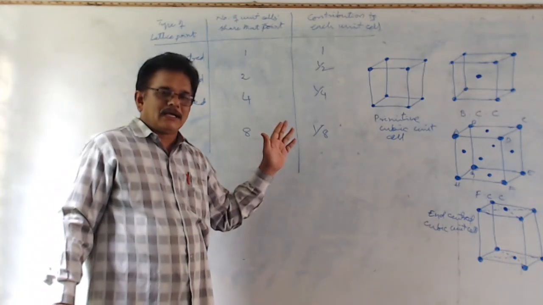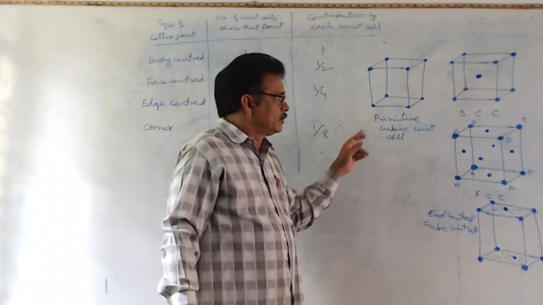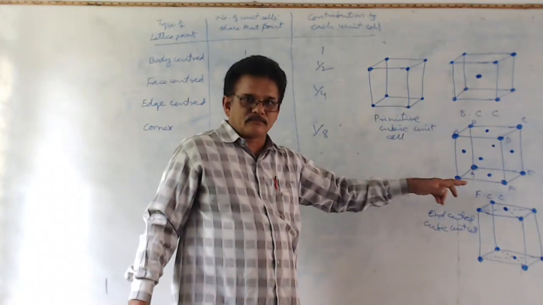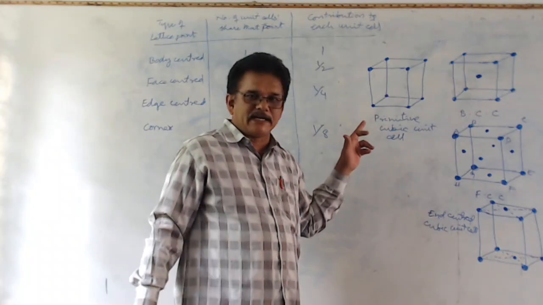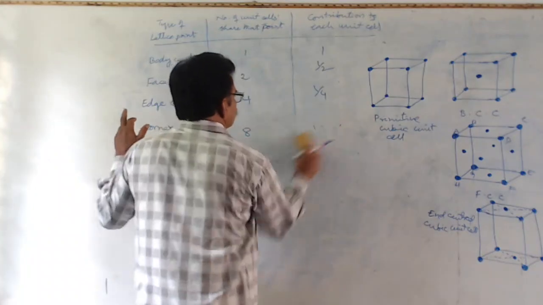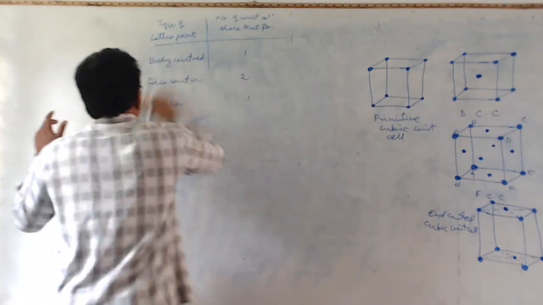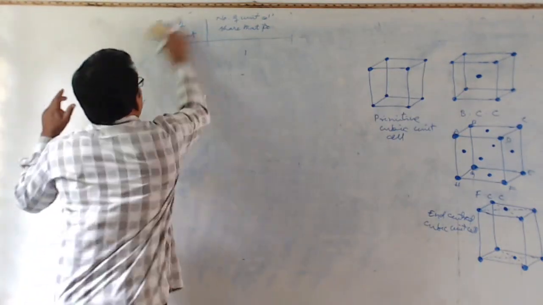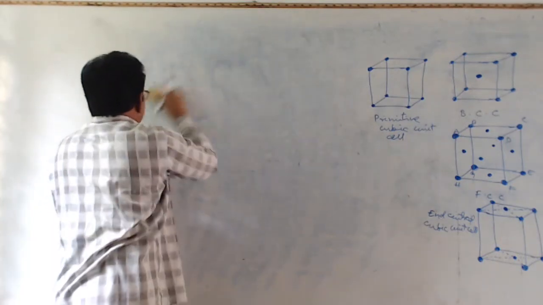Now, actually, how many lattice points belong to each unit cell of all these types? How can we calculate these things? You observe here. We will draw another table.